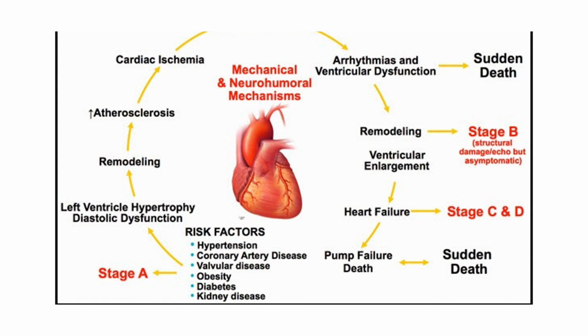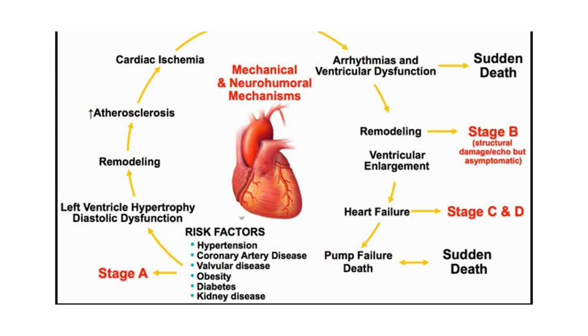Okay, so as we go around the circle here, there's been structural damage, meaning there's been heart attacks, and there's more and more remodeling taking place of the heart. So it's becoming enlarged, it's becoming thickened. There's scars on it from previous heart attacks. And now you're in full-blown heart failure, right?